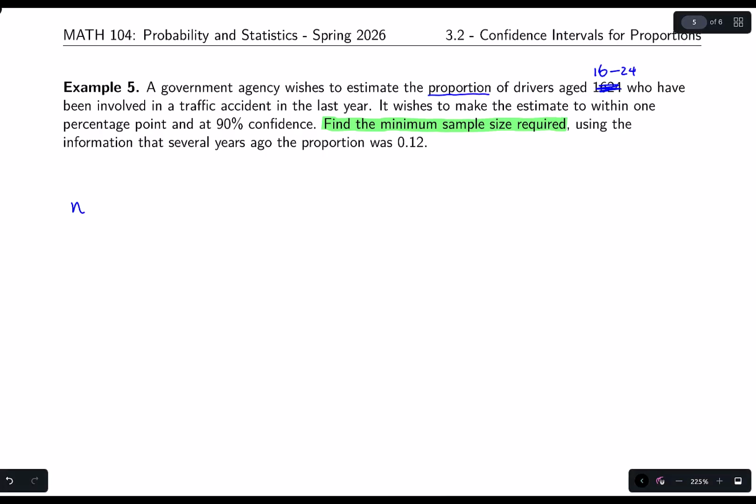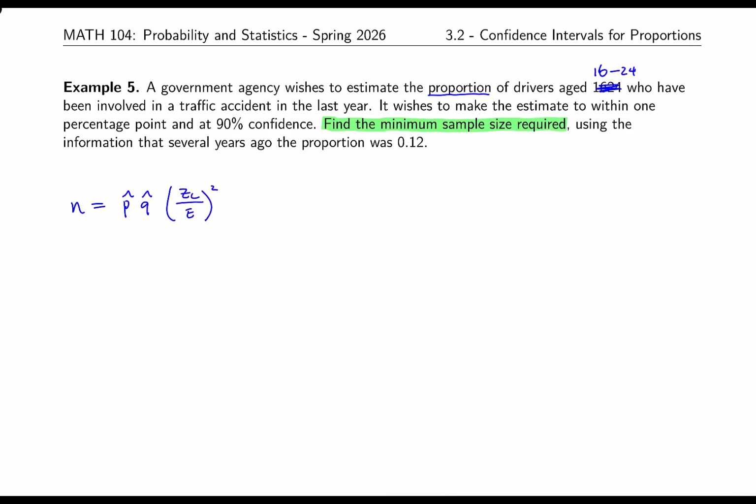So that's going to be n equals p hat times q hat, z sub c over the margin of error, altogether squared. So we need to figure out the individual values here and then plug into the formula.